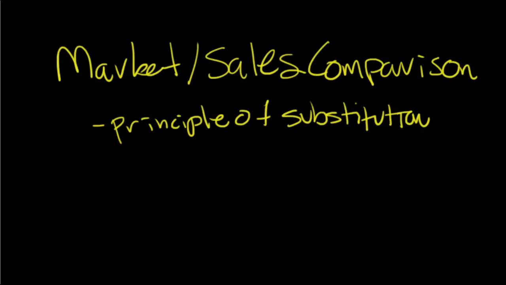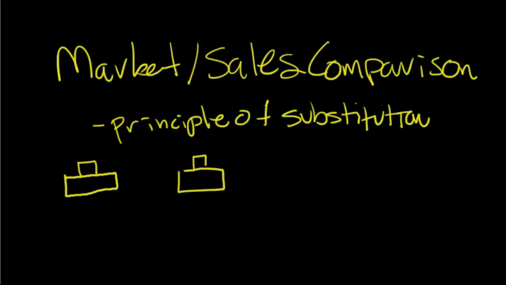So the sales comparison approach, or the market comparison approach, really leans upon the economic principle of substitution, which basically means that you wouldn't buy, let's just make a car here. You wouldn't buy this car if it was the exact same, and it won't be because I can't draw, as you know.